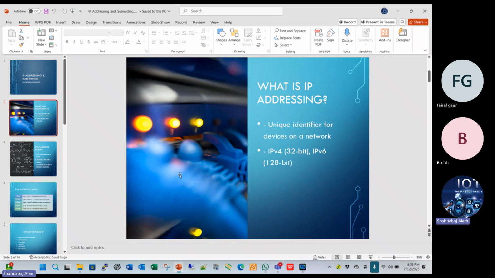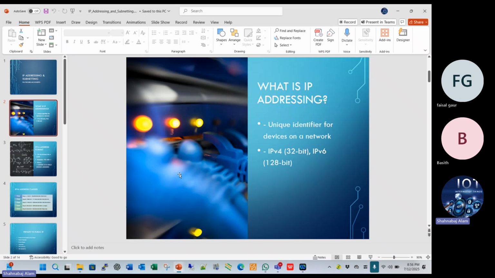In the same way, in the network environment you have multiple devices, like a switch, PC, laptop, printer, PMS system, access control system, surveillance system, a lot of systems. Every system you connect to the network is assigned an IP address, right?